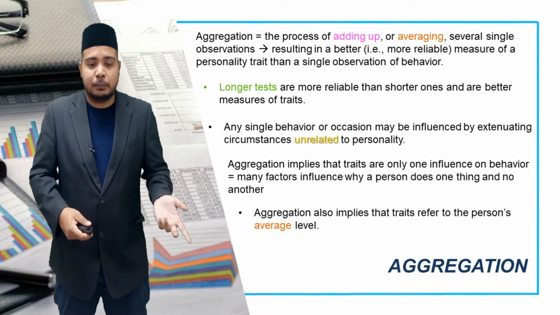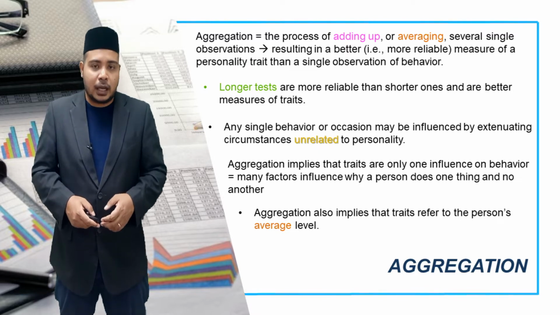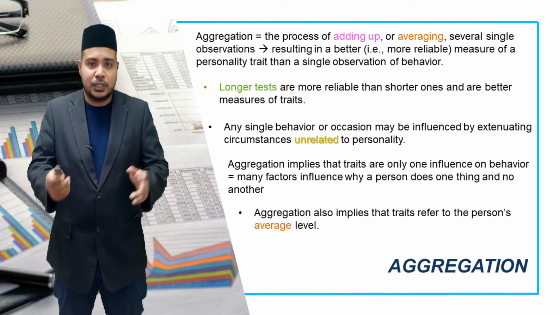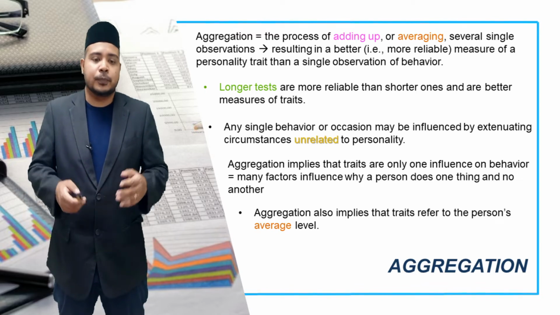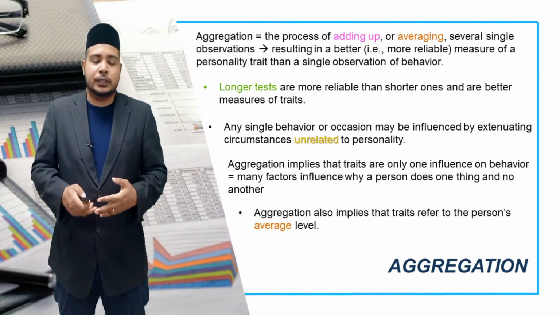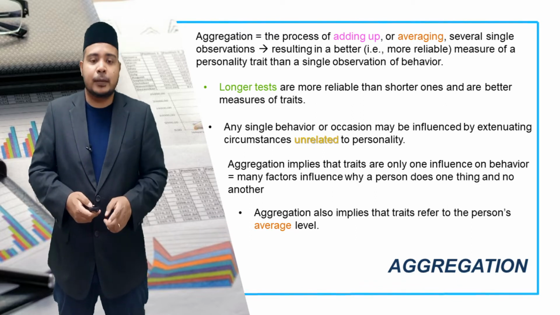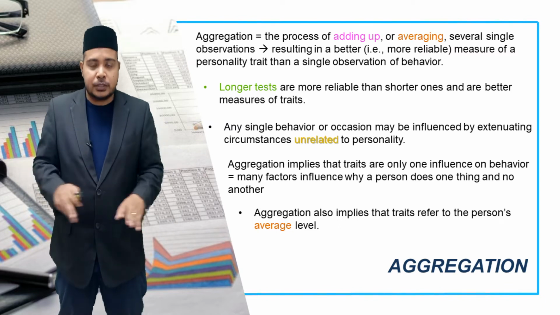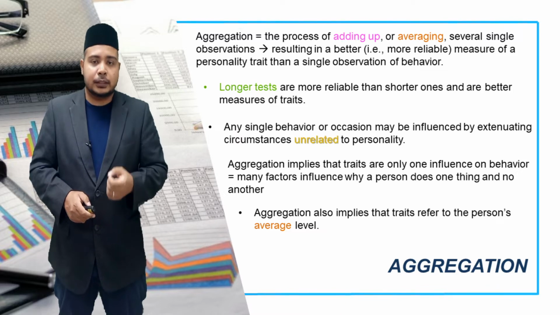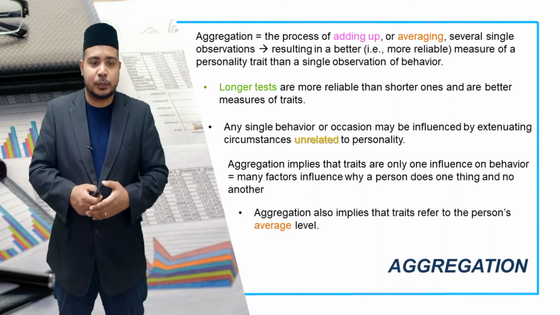So you need to remember that both aggregation and person-situation interactions are the results of the debate or the issues in the consistency across situations. When Mischel published his book, people started to pay more attention to not take only the result from one observation or one study, but to look at the average of other studies, so that you will get more correct and more reliable findings or meanings of personality traits.